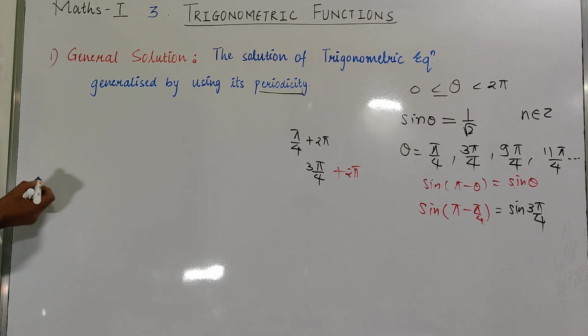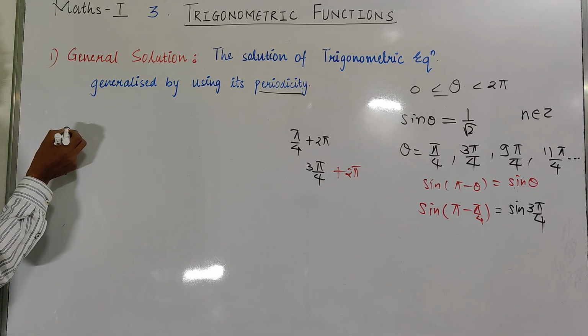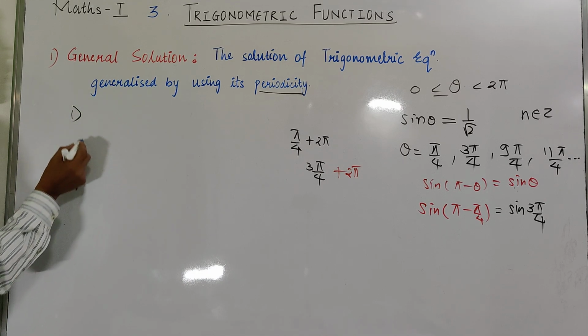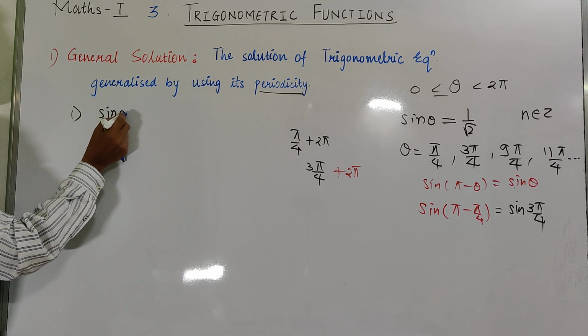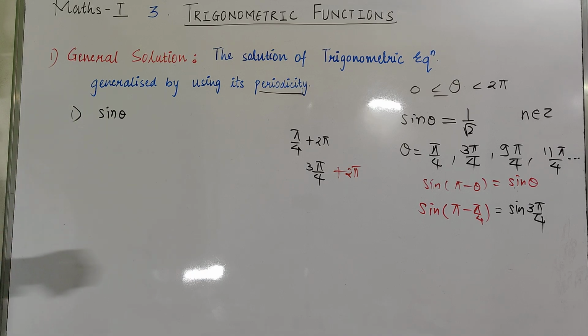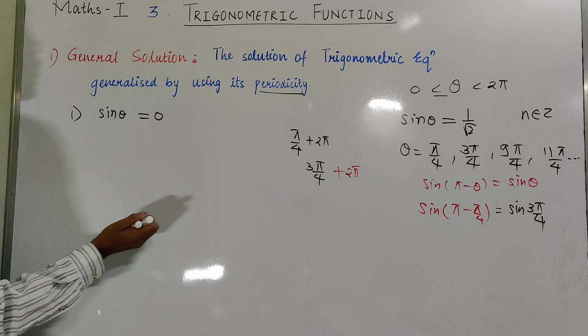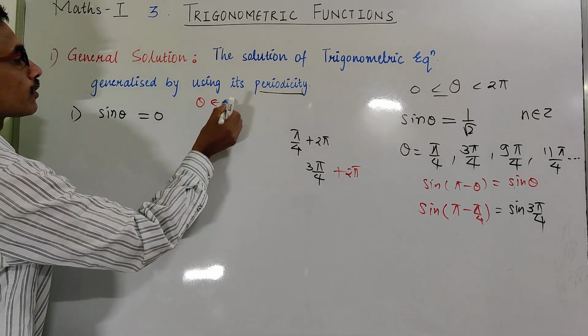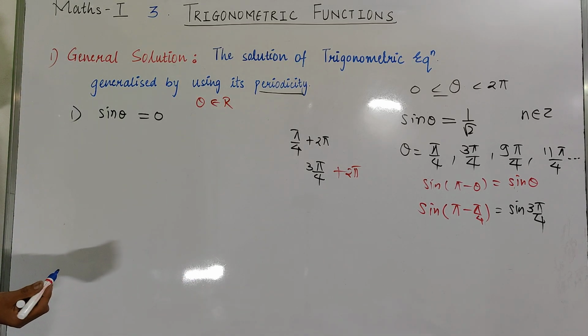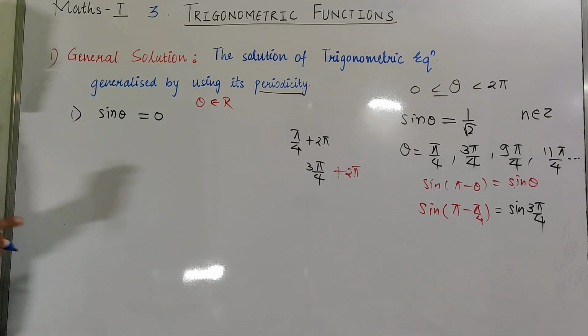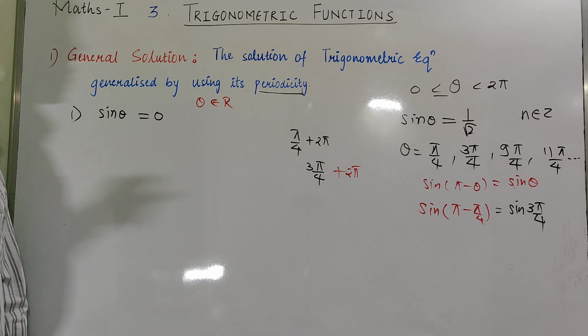So let us see the equations. First equation: sin theta is equal to 0, where theta belongs to R. We know sine of 0 is 0, sine of pi is 0, sine of minus pi is 0, sine of 2 pi is 0.